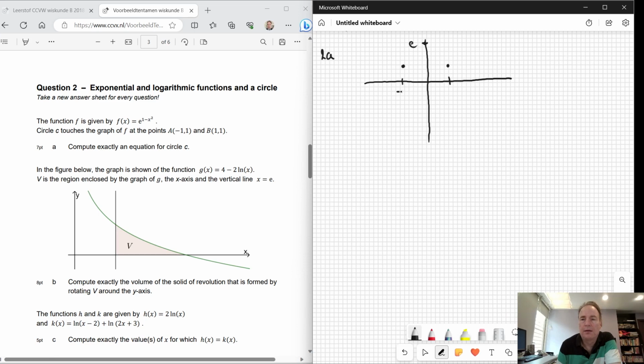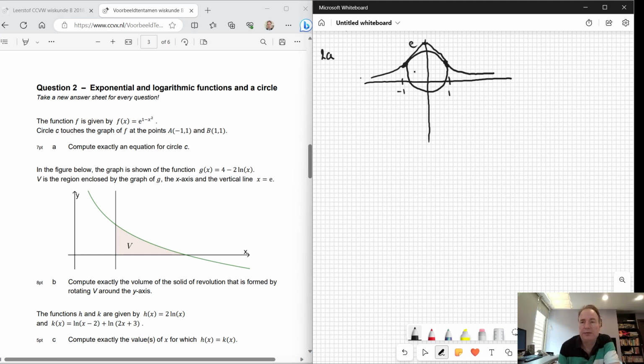And it is symmetric in x. And if x goes to plus or minus infinity, it goes to 0. So it will look something like a bell curve. This looks a little bit like a normal distribution, although I draw it pretty poorly. Now you could write a circle in it that touches this function in 2 points here.